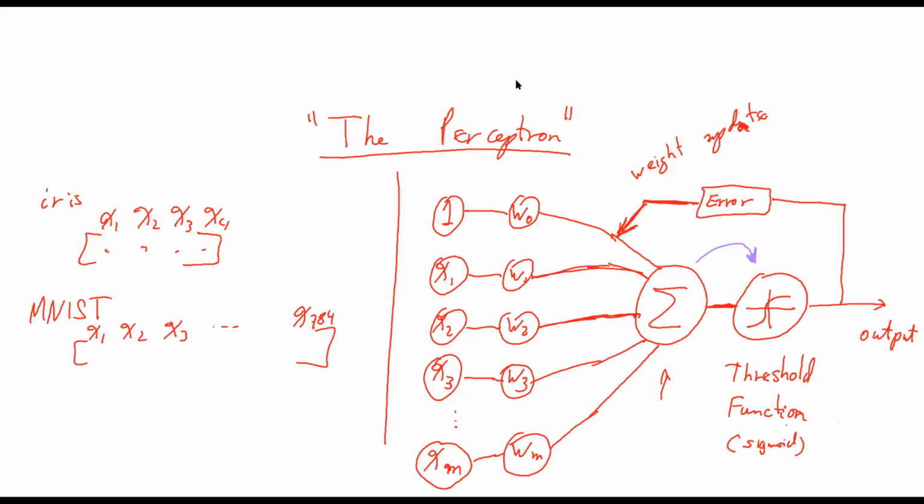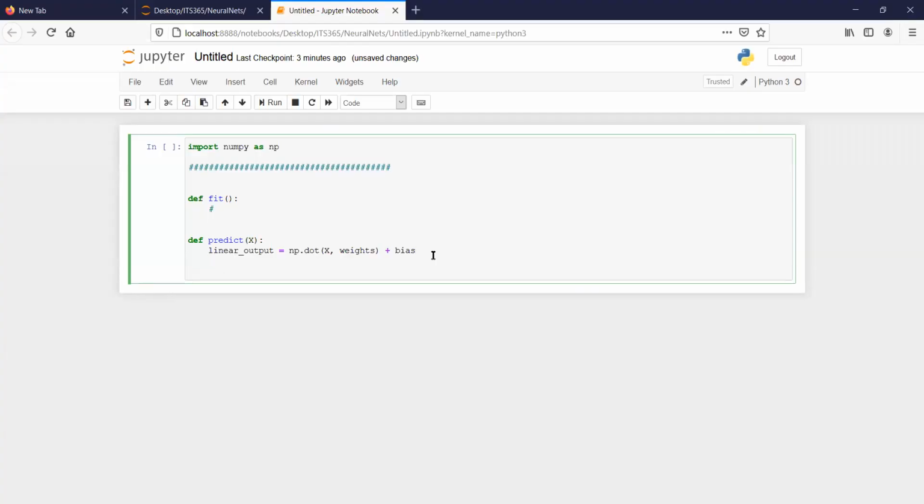So now let's take this, this is now the activation function. That's the activation function. And then we have linear output.